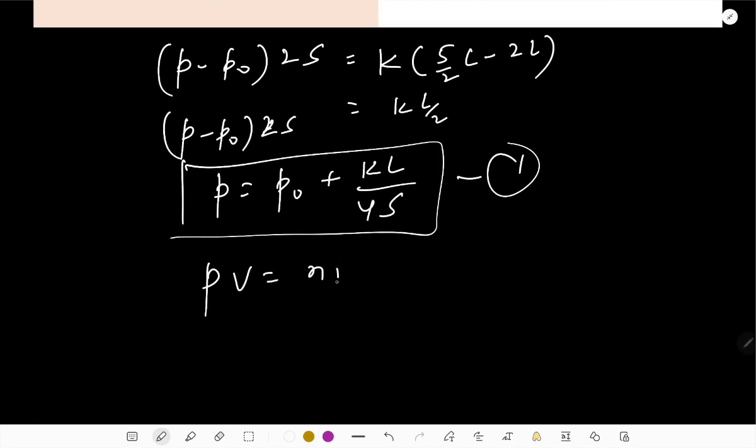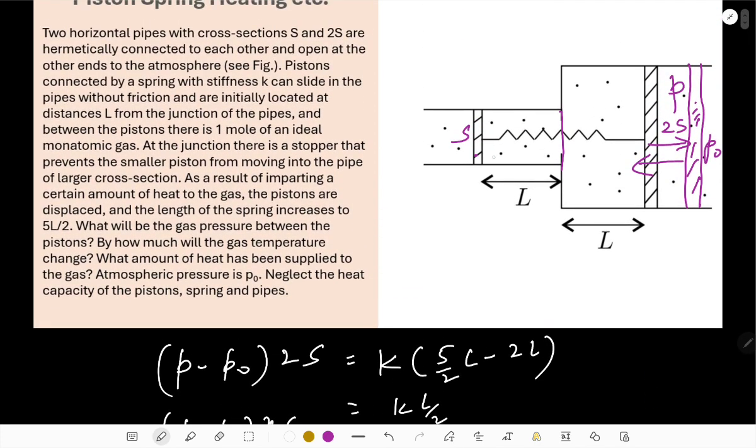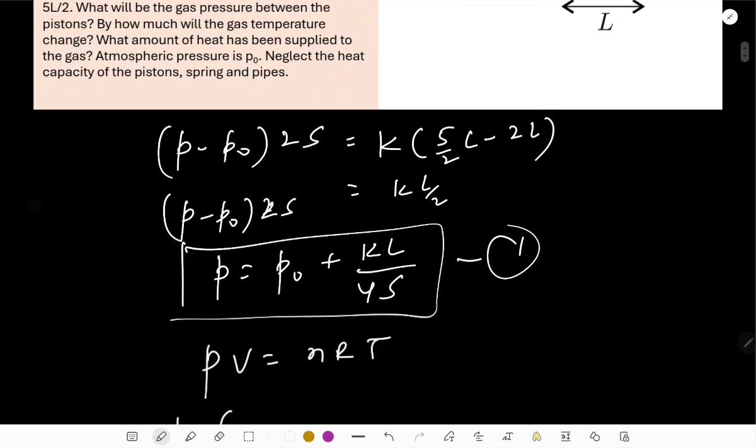PV equals nRT. Because I need to find delta T, I need to bring temperature into the picture somehow. The initial pressure was atmospheric pressure, P naught, and the initial volume I can calculate from here. This volume is SL, and this volume is 2SL.